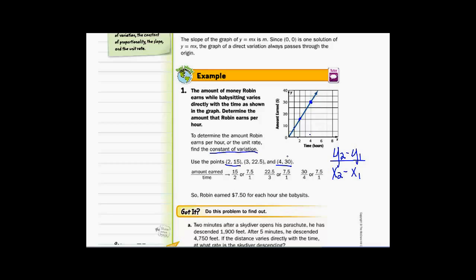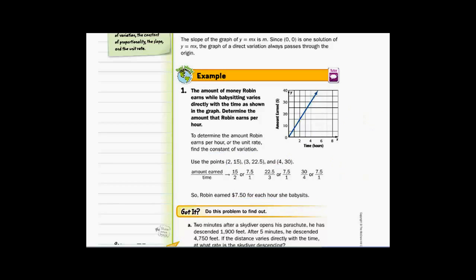So y2 is 30. So I will have 30 minus y1, which is 15, over x2, which is 4, minus x1, which is 2. So basically I've got now 15 over 2, which is 7.5, or $7.50 per hour.